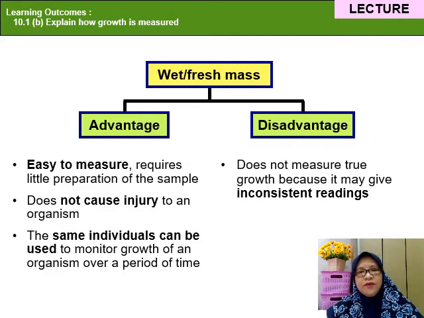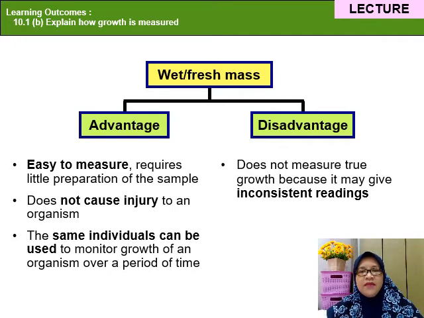We look at wet or fresh mass first. The advantage of using wet mass to measure growth is that it is easy to measure because it requires little preparation of the sample. It also does not cause injury to the organism, and the same individuals can be used to monitor growth over a period of time.